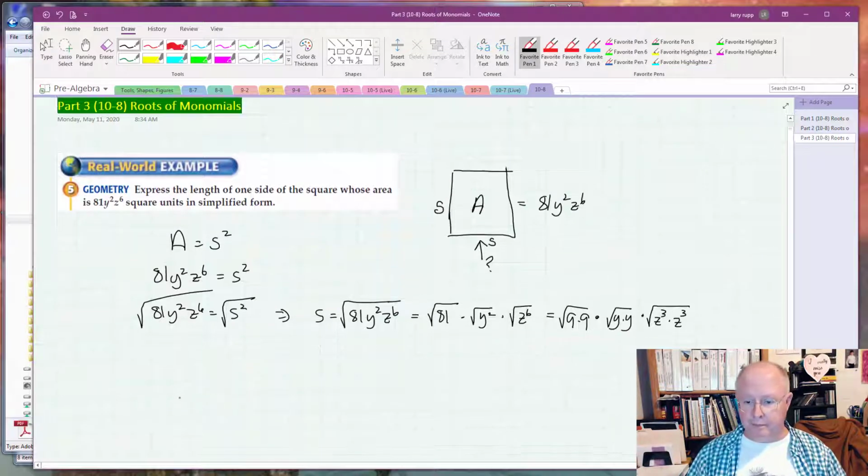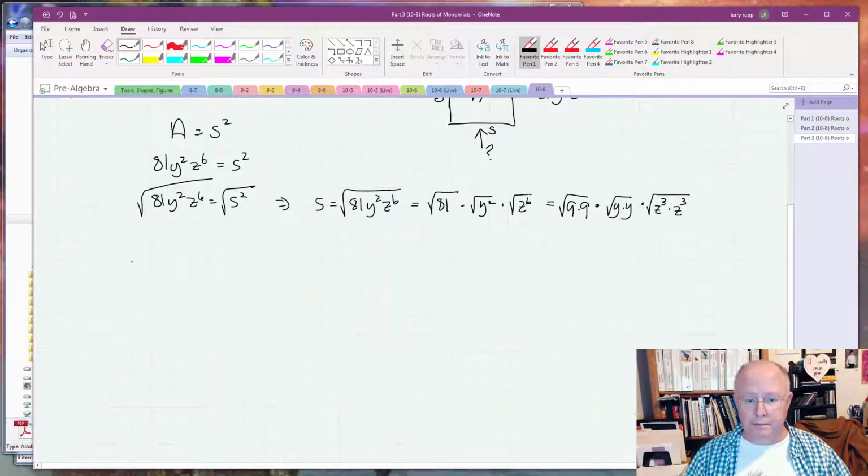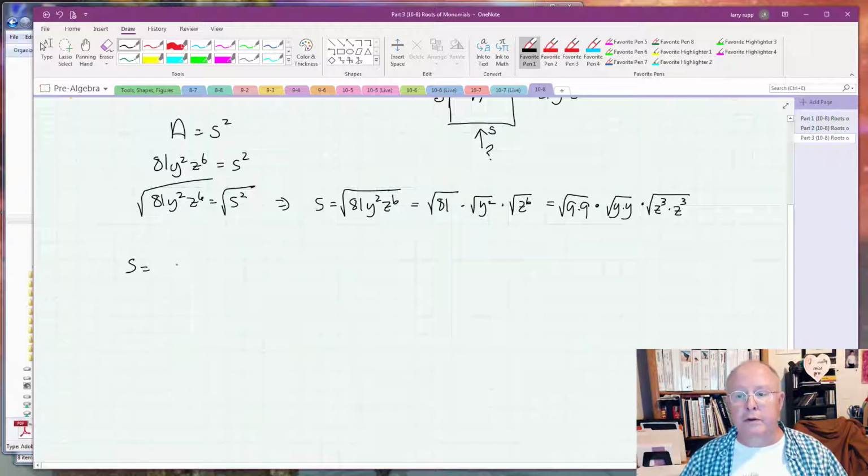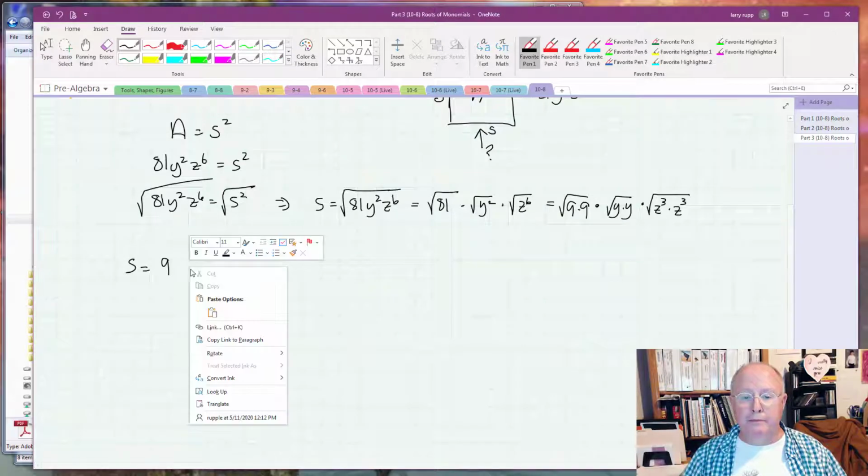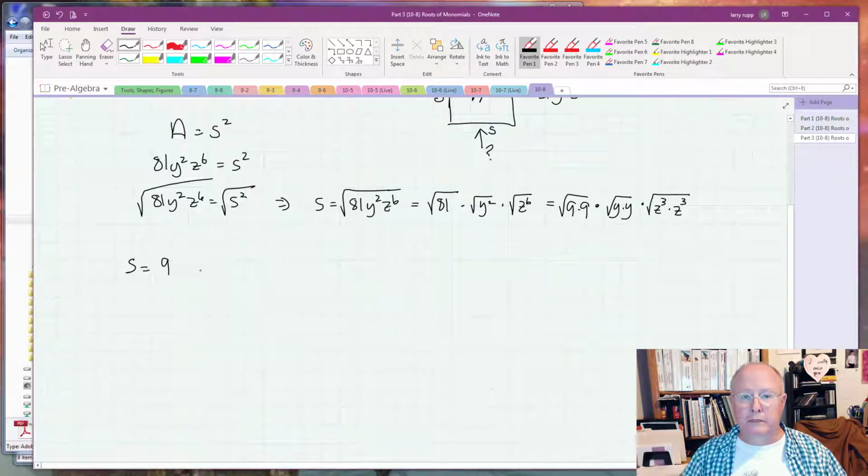Coming down here then, s is equal to, well, the square root of 81, positive 81, is positive 9. And the square root of y squared is y. Well, let's look at this.